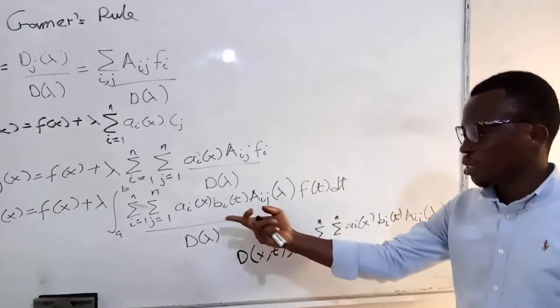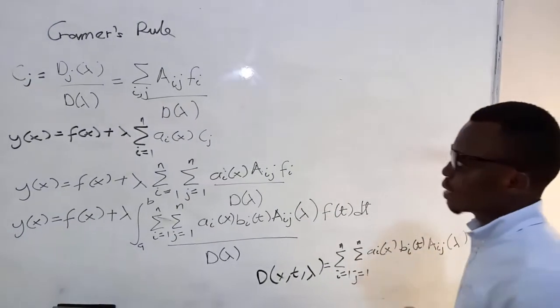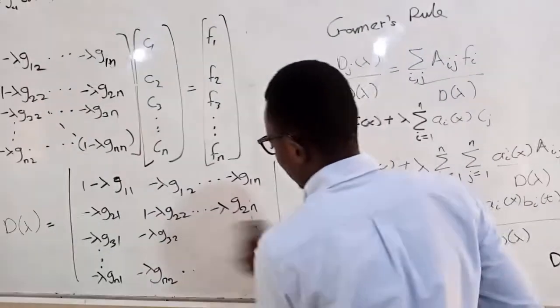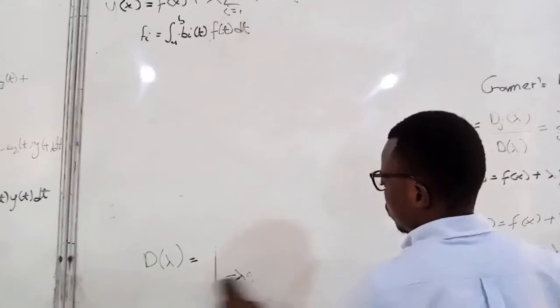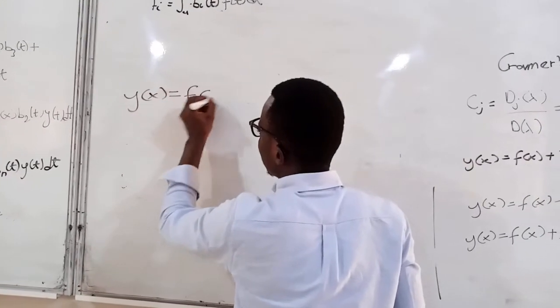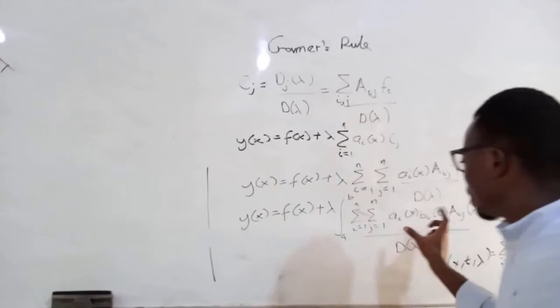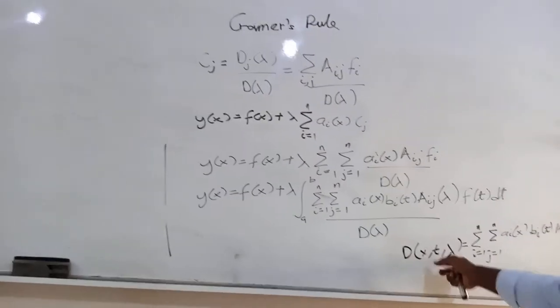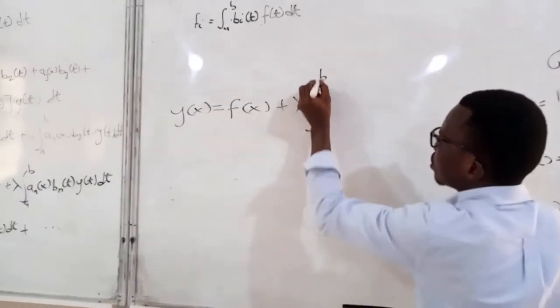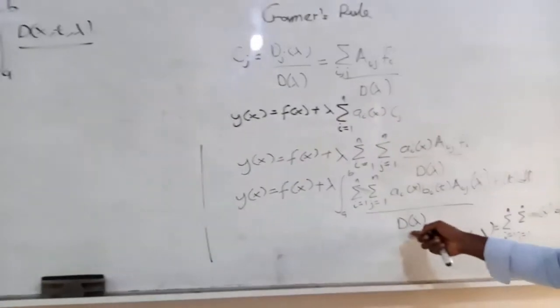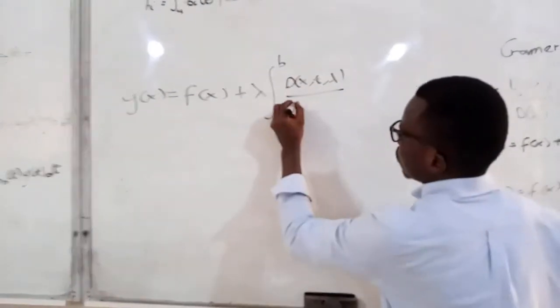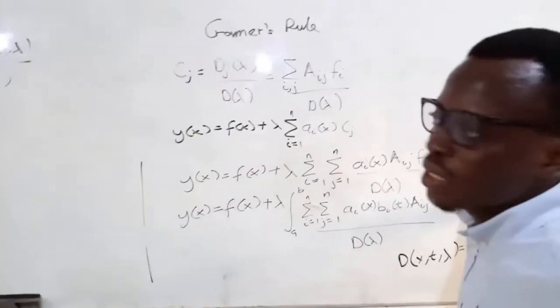So we substitute this into this equation, and you can easily see that y of s is equal to f of s plus lambda, integral from a to b of d of s, t, lambda divided by d of lambda, and here is f of t dt.